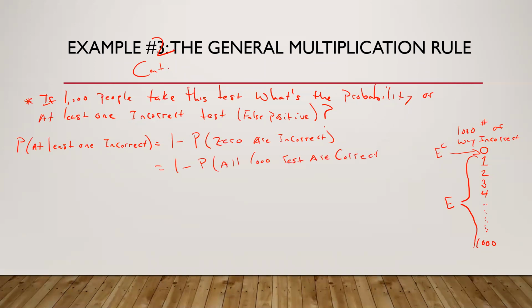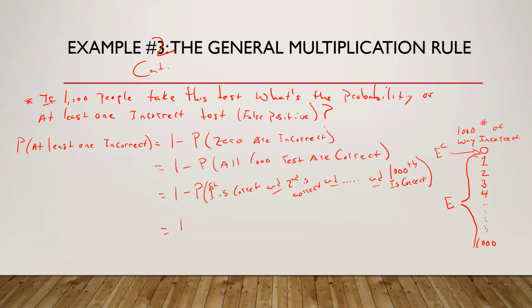Yeah. So this is 1 minus, if I want all tests to be correct, first is correct, and the second is correct, and all the way to the 1,000th test is correct. So you see the and, it implies multiplication.